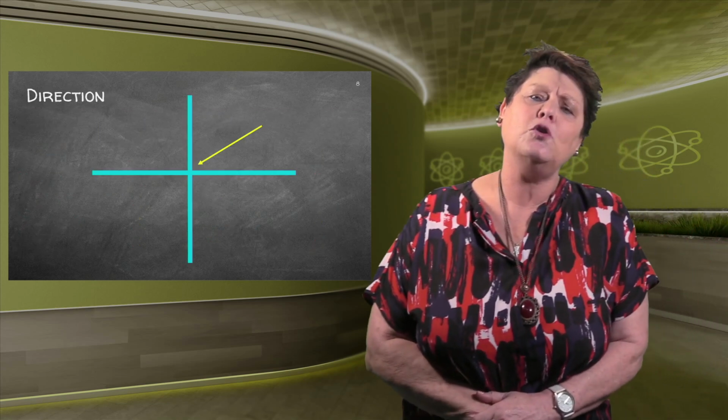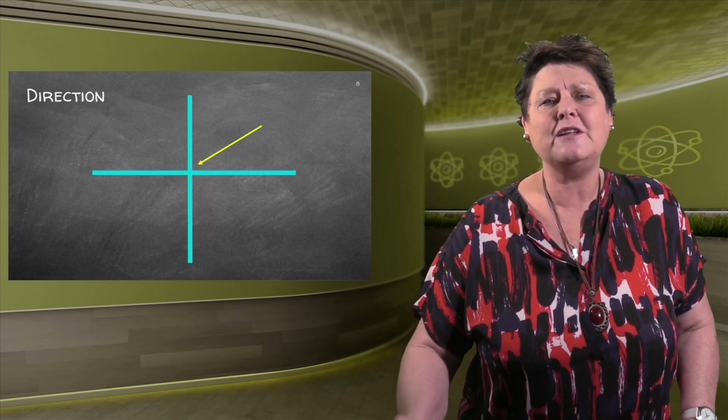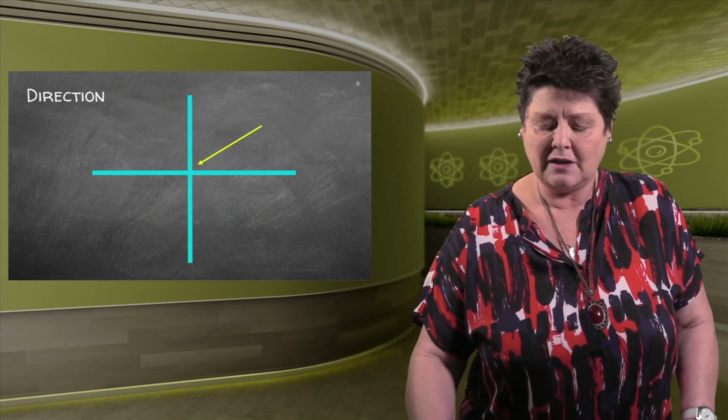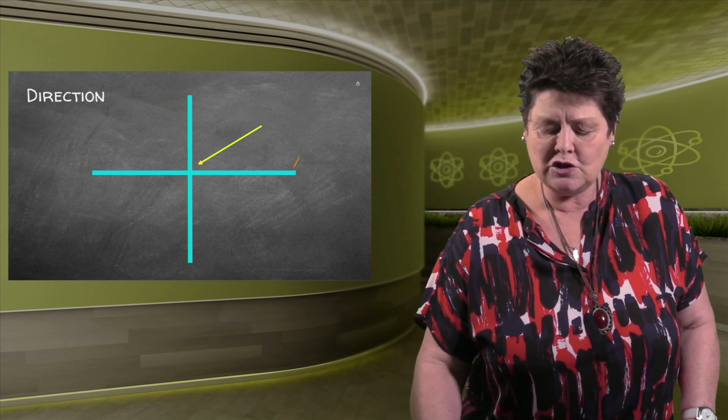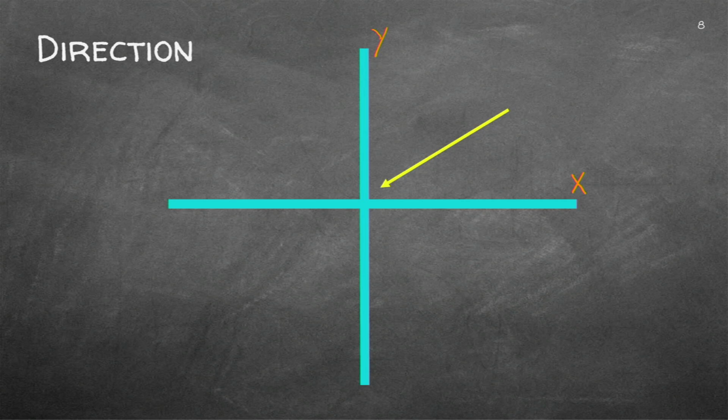So let's see, how do we define direction? Direction will be in different subjects, meaning different ways of getting to that direction. In math, you usually use your x-axis and your y-axis. So you will measure a point there, let's say that is point M, that I will be able to define with coordinates.